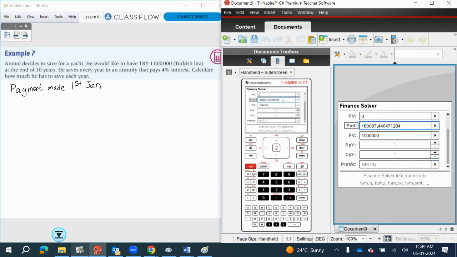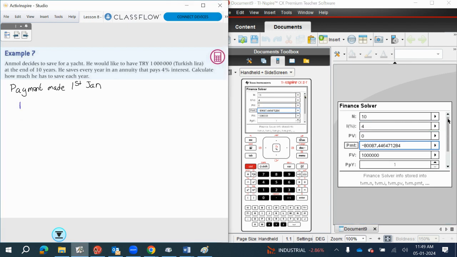Now, in your notes, you want to say that N is 10, I is 4, present value is 0, future value is 1 million. Payments per year is 1. Compounding periods per year is 1, and the payment comes in at the end.